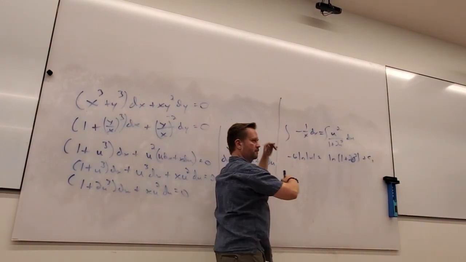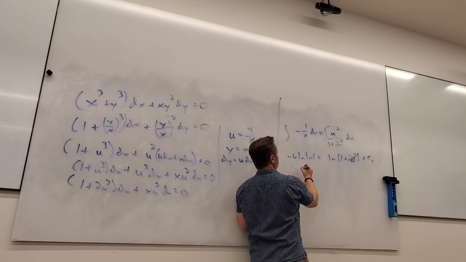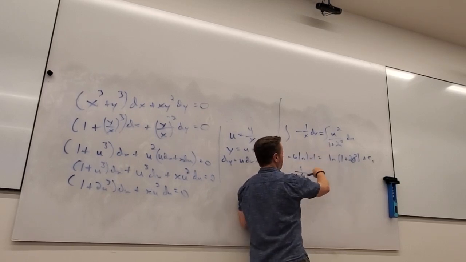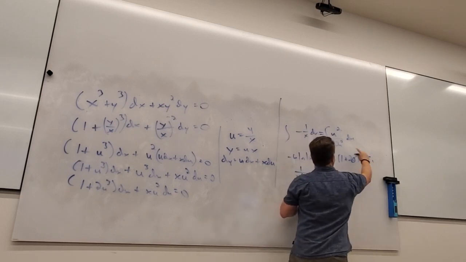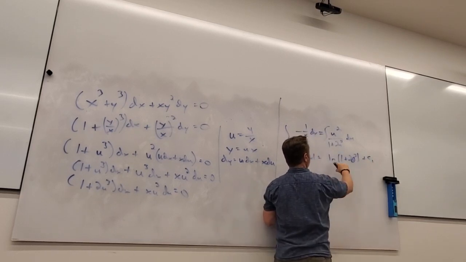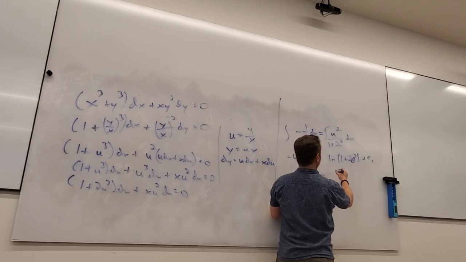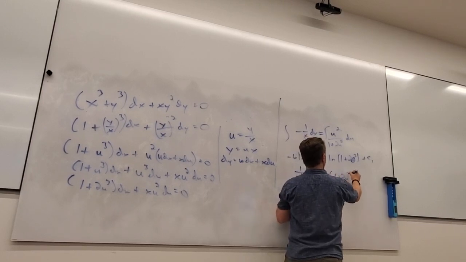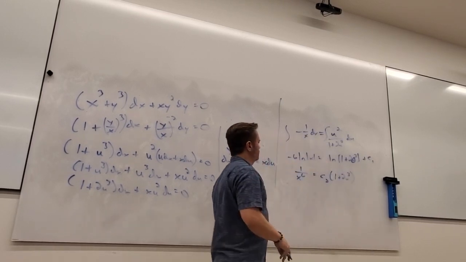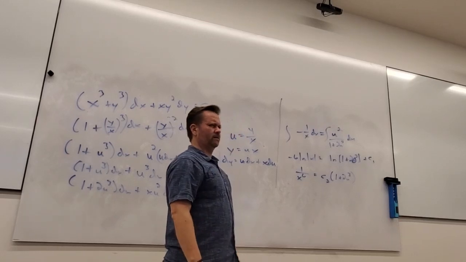So this will be 1 over x to the 6th when I exponentiate. And that comes out as a constant, and this will be 1 plus 2u cubed, is that right? Okay. Is that all right?